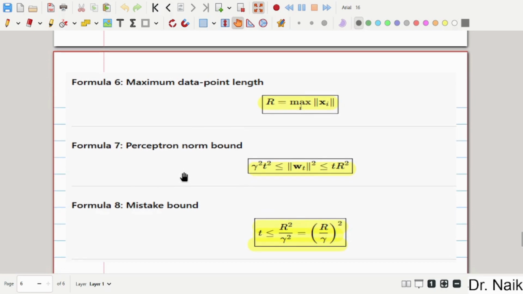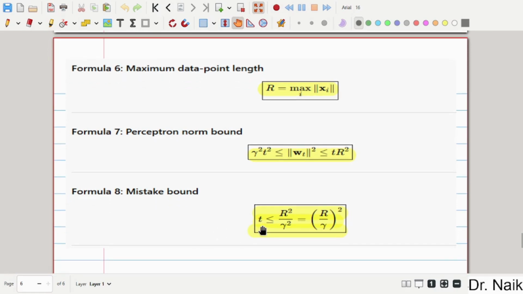The R means the data point which has the maximum vector length. The perceptron norm bound: gamma square times t square is less than or equal to the square norm of Wt, which is less than or equal to t times R square, and the mistake bound, that is small t, is calculated by the formula small t is less than or equal to capital R square divided by gamma square.